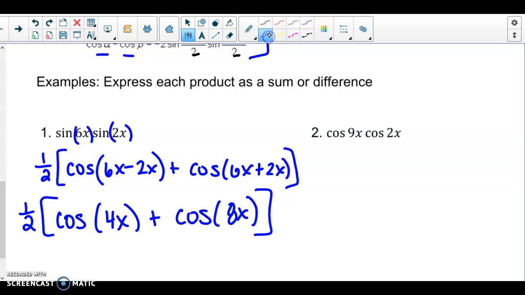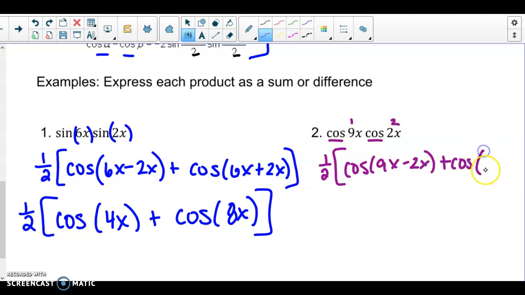Let's try this one over here on the right. This one is cosine times cosine. So when I look at my cosine times cosine formula, it's 1/2 cosine of the angles being subtracted. Notice that I'm subtracting them both of these times, the first minus the second one. You don't just choose the rotation that you would like to change them. You make them the first one minus the second one. Plus cosine of 9x plus 2x.